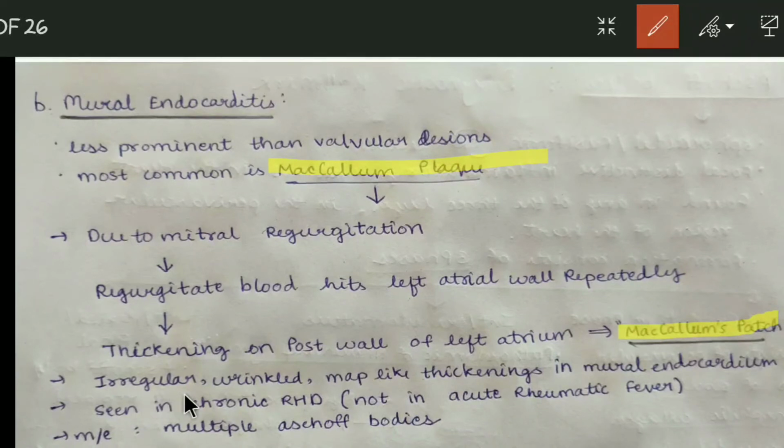It is an irregular, wrinkled, map-like thickening in the mural endocardium. It is seen in chronic rheumatic heart disease and not in acute rheumatic heart disease. The microscopy shows multiple Aschoff bodies.